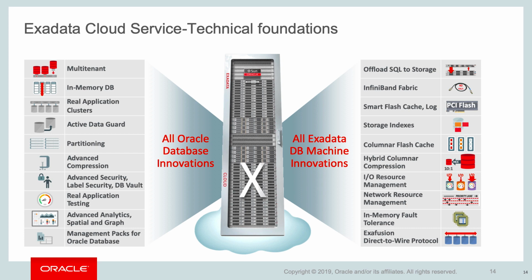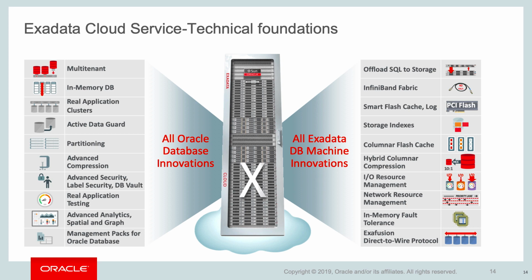So let's spend some time on licenses covered for database and database options. Exadata Cloud Service is available through 2 flexible subscription offerings: license included, as well as bring your own license model.